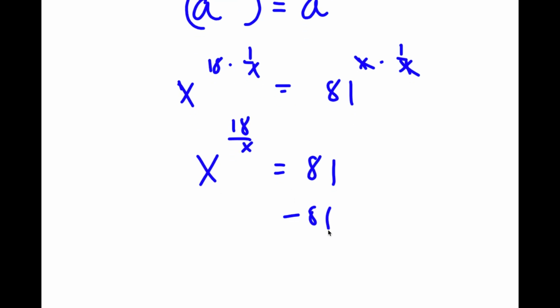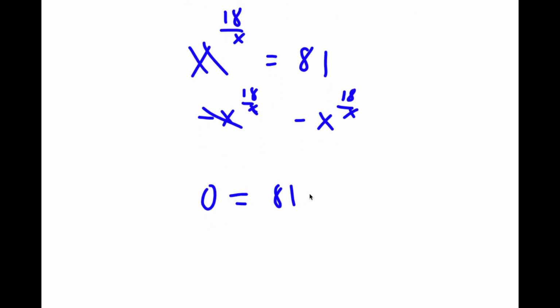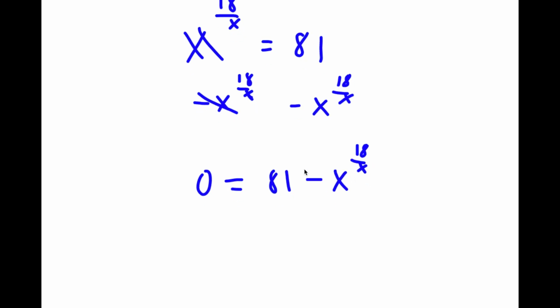Now if I subtract x to the power of 18 over x on both sides, these two cancel out, and I have 0 is equal to 81 minus x to the power of 18 over x.